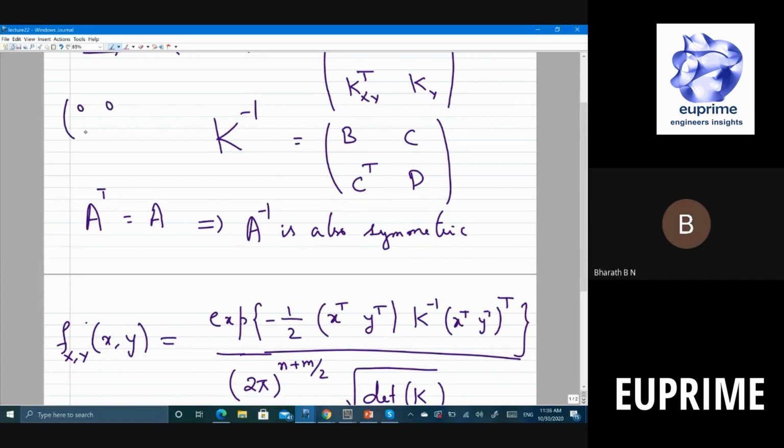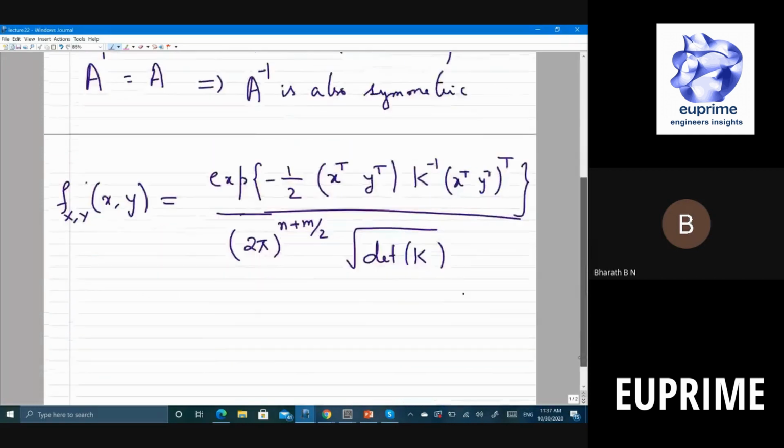You can always give a counterexample. Take this matrix. Is this symmetric? If you multiply by x y, you get y and 0. So no, this is not symmetric. You can give a counterexample, but let's not worry about it now.